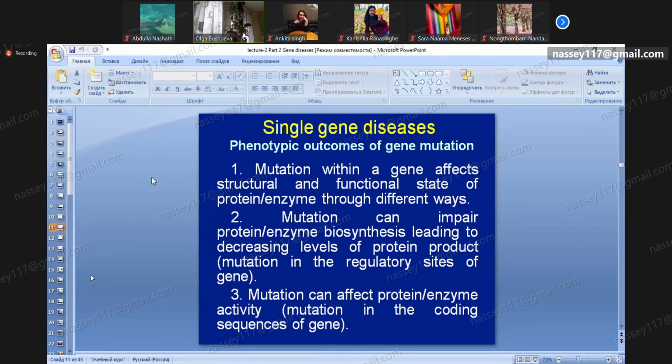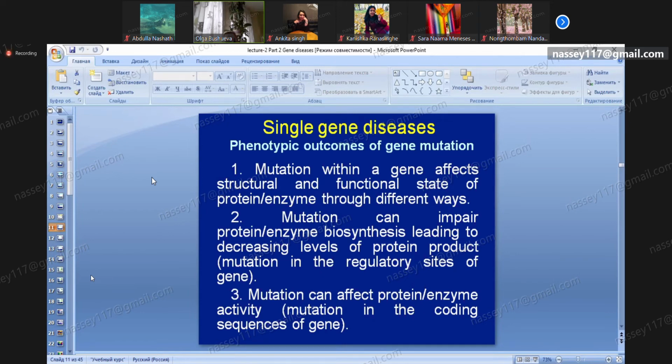What are the main phenotypic outcomes of gene mutation? First, a mutation within a gene affects the structural and functional state of a protein or enzyme in different ways. Second, mutation can impair protein or enzyme biosynthesis, leading to a decrease in levels of the protein product, like mutation in regulatory sites of a gene.